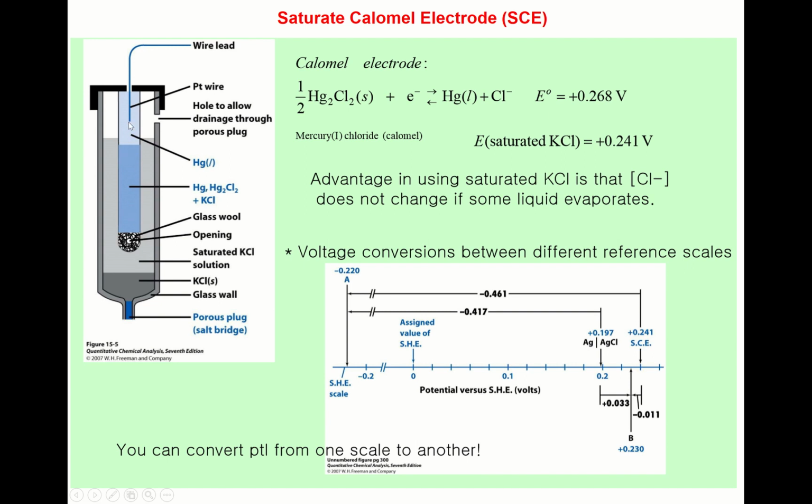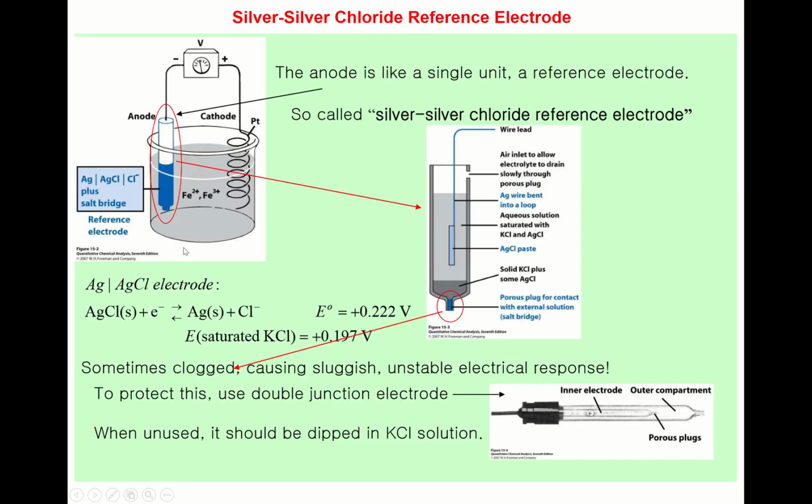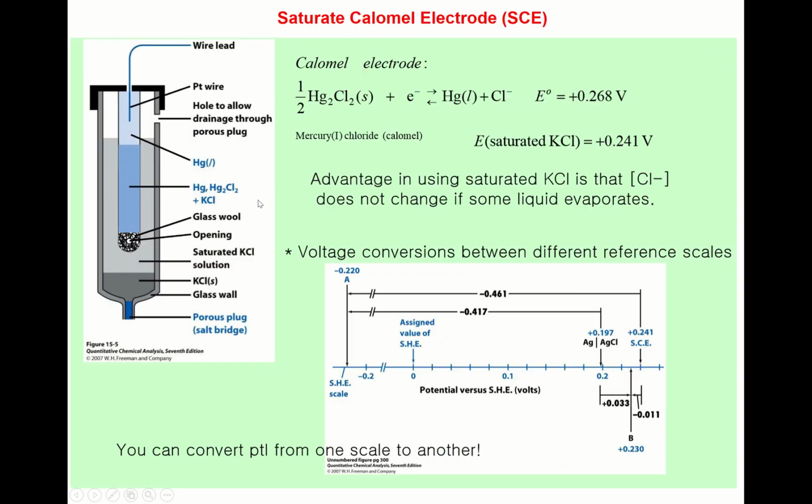Anyway, you need an electrical contact. For the silver chloride electrode, the silver wire itself can be used as a connector. But since this one is mercury, you have to use platinum wire to make an electrical contact. So this structure is a little bit complicated, and this SCE is much more expensive than the silver chloride electrode.